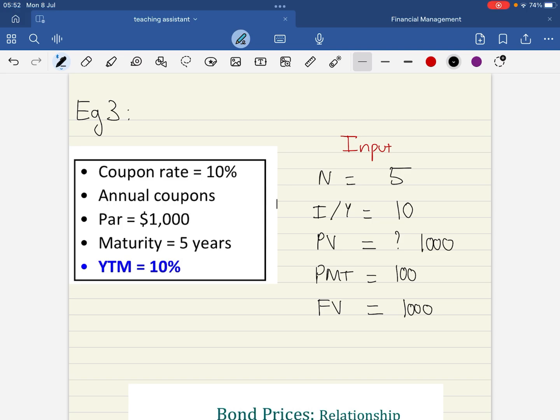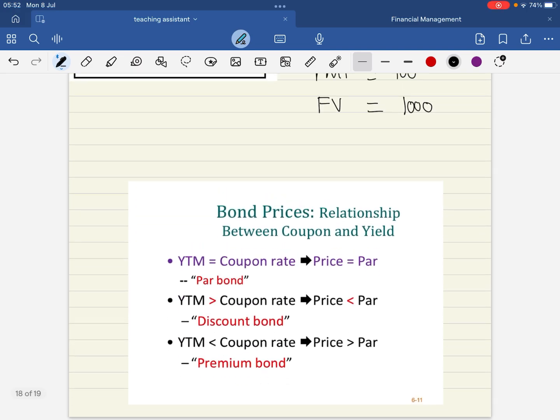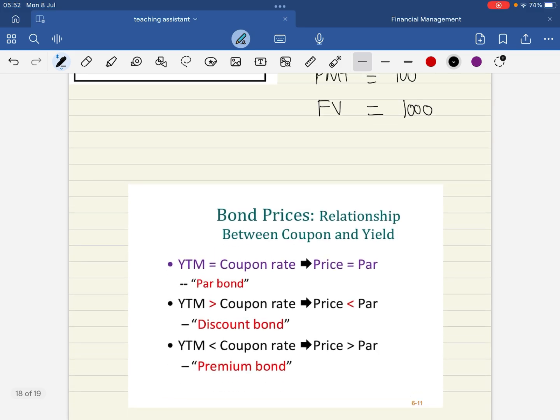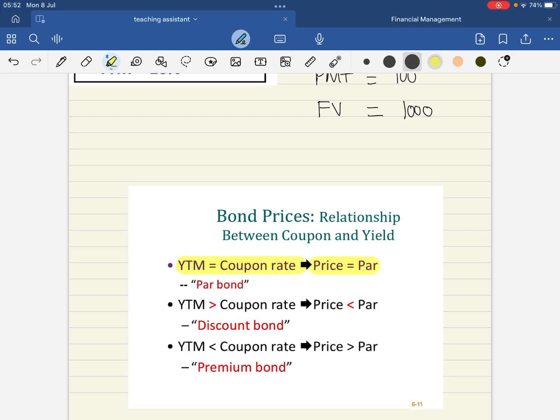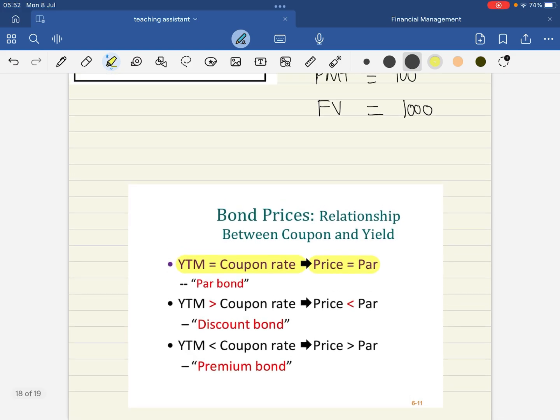So this is very interesting, and there is a common rule for it. The reason is that the coupon rate is equal to YTM, so the price is also equal to the par value. And this can be explained by the relationship between the coupon and the yield to maturity.